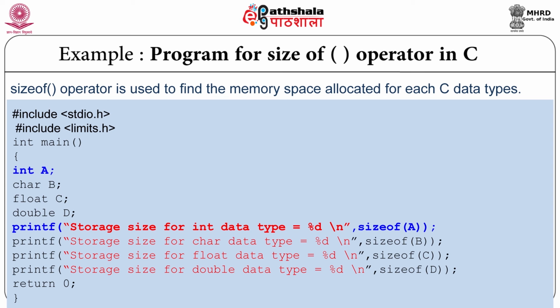Printf storage size for integer data type equal to %d \n sizeof a. In this case, the size of the integer data will be displayed. The second data type is character and its size will be displayed. The third data type is float, declared with variable c, and the fourth data type is double, declared with variable d.